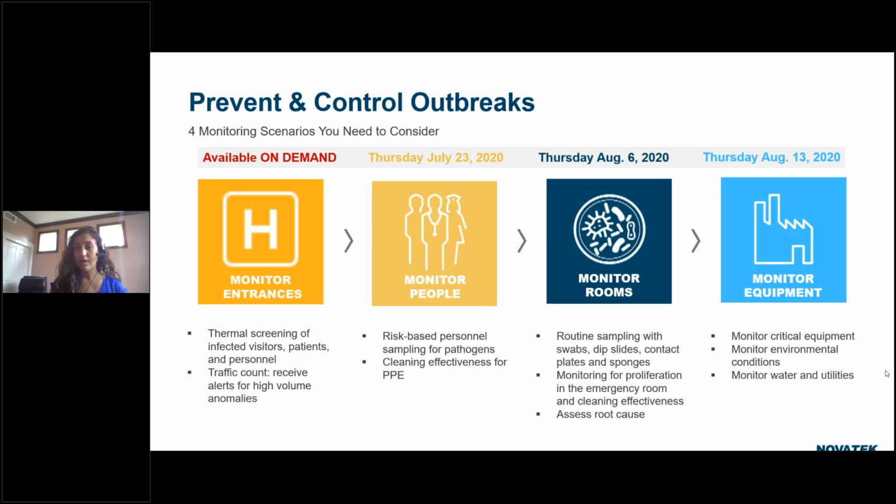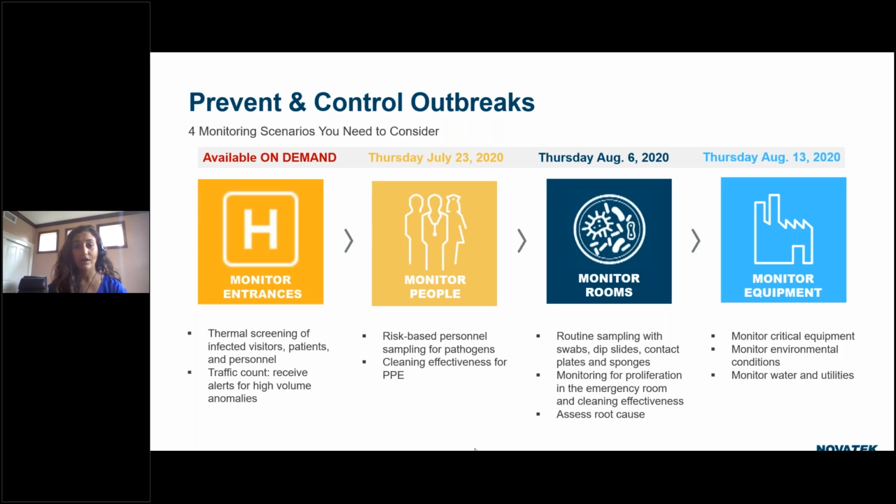On August 6th, we'll be looking at monitoring of locations, monitoring of rooms, and that may be through routine sampling that you may already be doing, such as swabs, dip slides, contact plates, sponges, and how the software can monitor and prevent proliferation in common areas such as emergency rooms, and how, when and if an outbreak occurs early, we can detect the source of the contamination or analyze and assess the root cause.